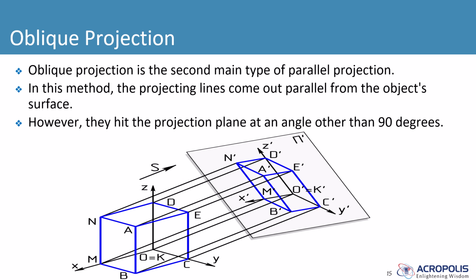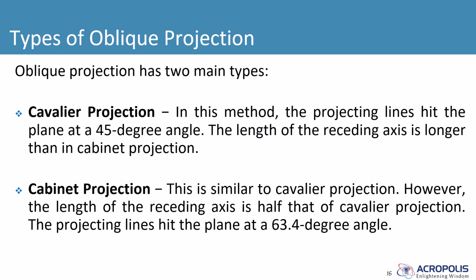Here is the diagrammatic view of how oblique projection is done. Oblique projection has two main types: cavalier projection and cabinet projection. In cavalier projection, the projecting lines hit the plane at a 45-degree angle, and in cabinet projection, the projecting lines hit the plane at a 63.4-degree angle.